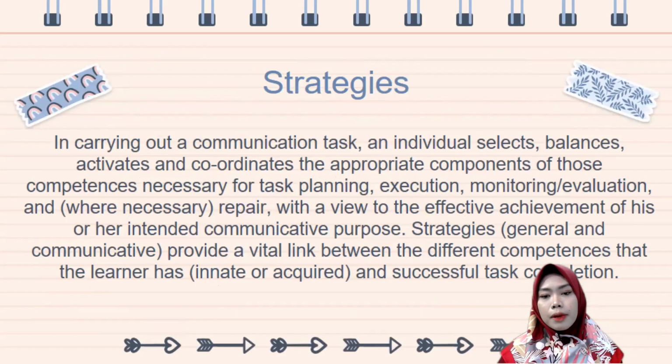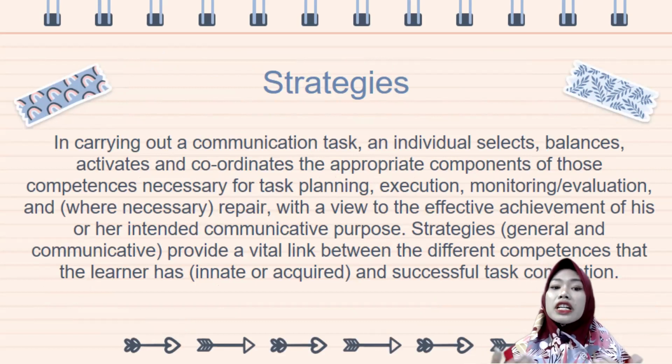Next, we are going to talk about strategies. In carrying out a communication task, an individual selects, balances, activates, and coordinates the appropriate components of those competences necessary for task planning, execution, monitoring or evaluation, and repair if necessary, with a view to the effective achievement of his or her intended communicative purpose.